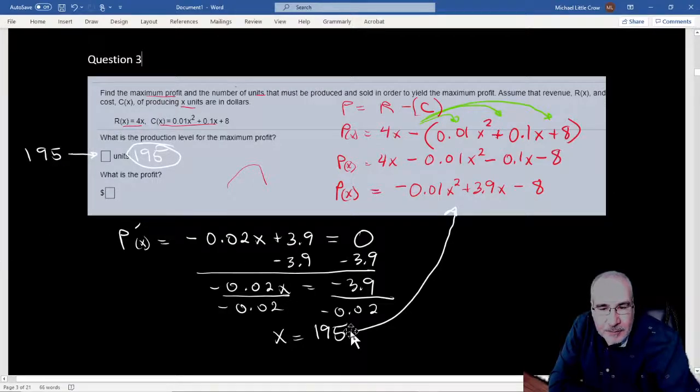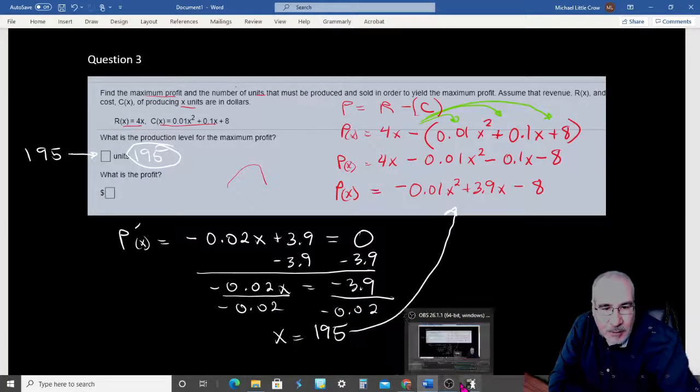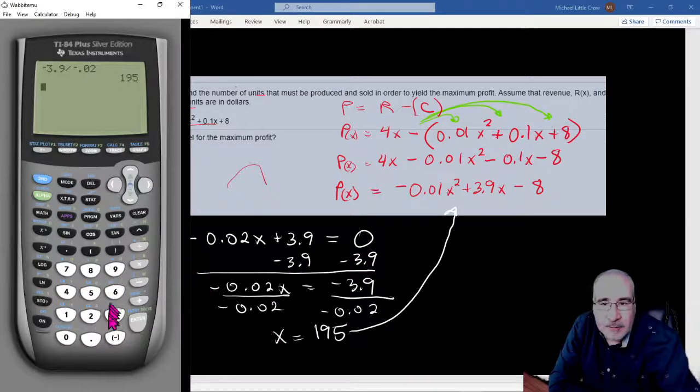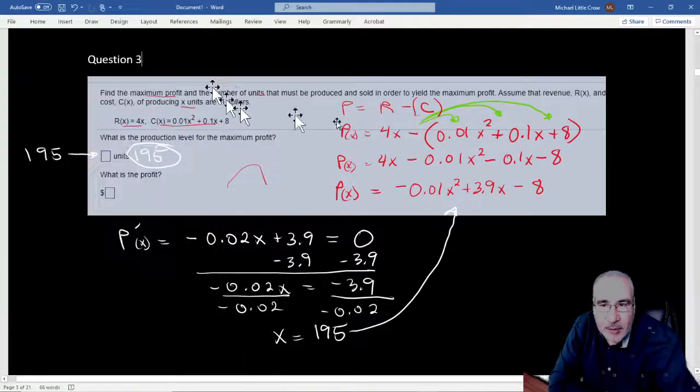Since this is the only thing we need to calculate, let's just plug it in: negative 0.01 times 195 raised to the second, plus 3.9 times 195, minus 8. That gives $372.25.